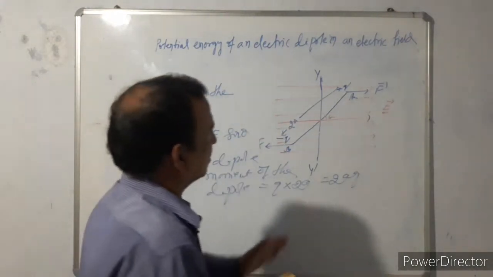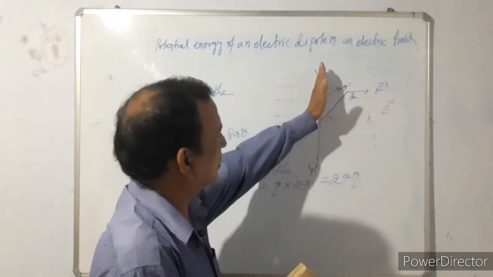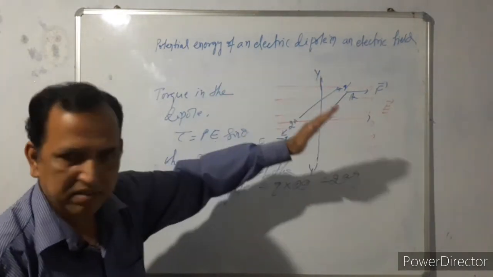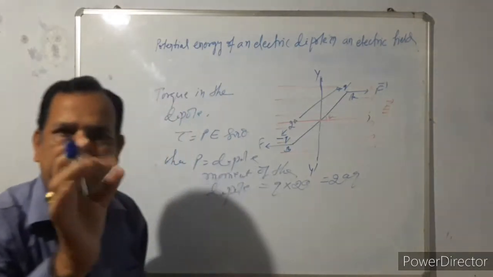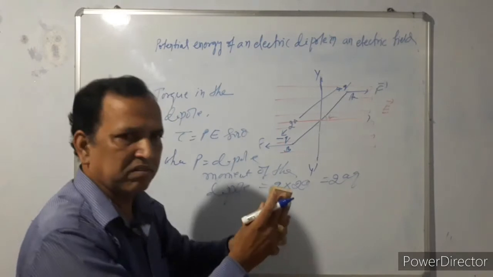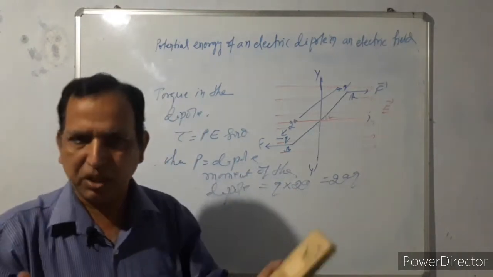Suppose this dipole is at first placed over the y dash, the first position. Now it rotates through a small angle d theta. So when it rotates, the work done is very small, that is dW.